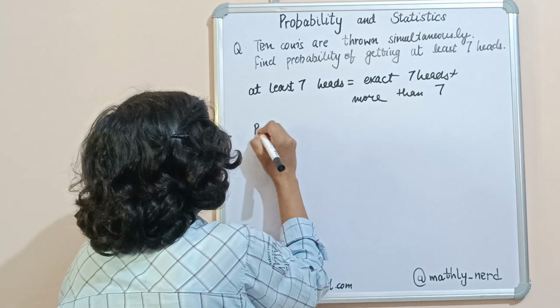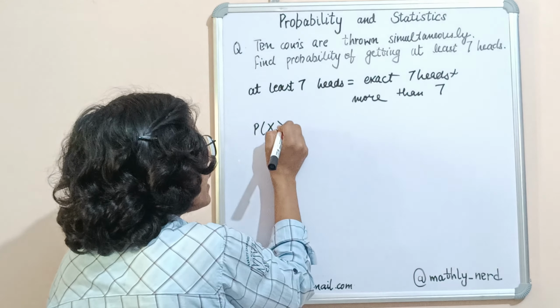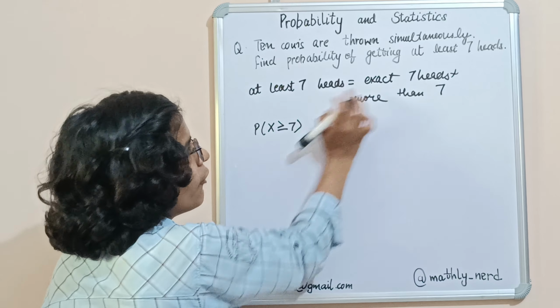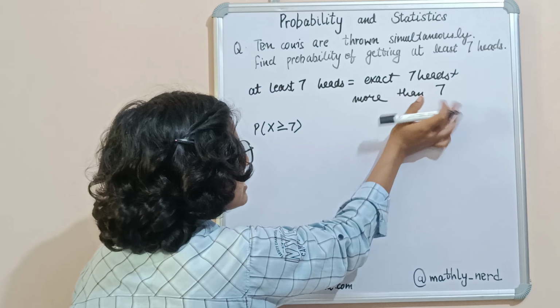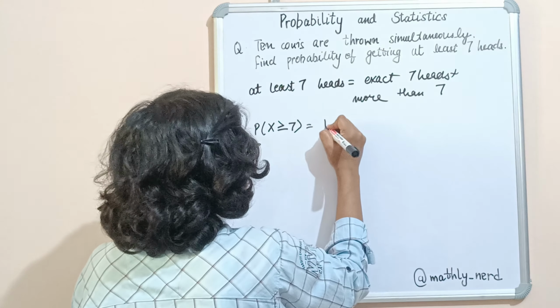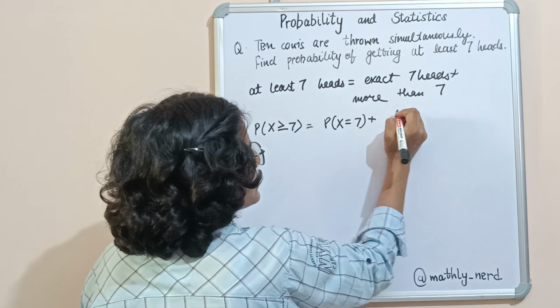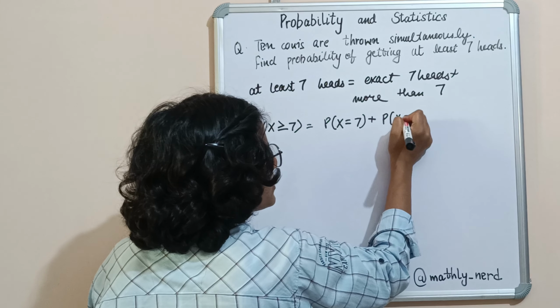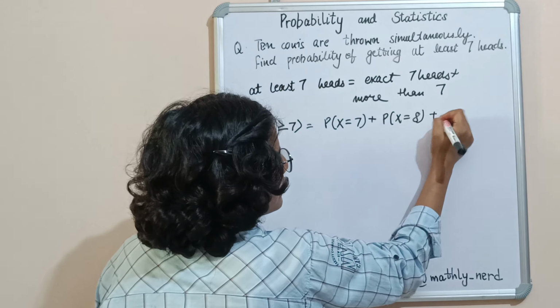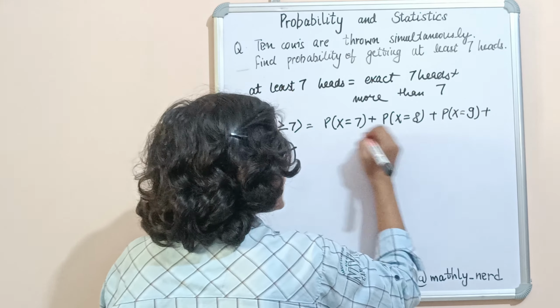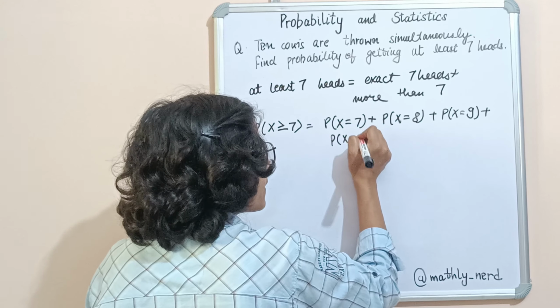That means probability of x greater than or equal to 7 is our answer for getting at least 7 heads, and this equals probability of x equals 7 plus x equals 8, x equals 9 plus x equals 10.